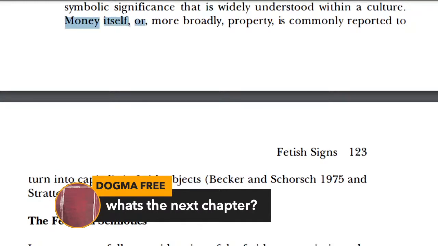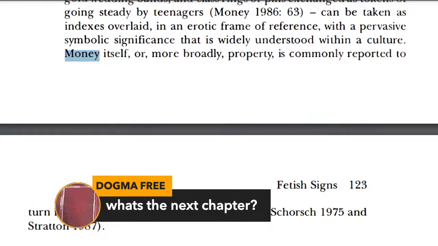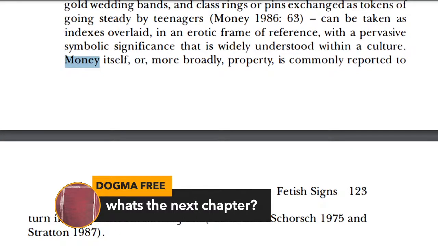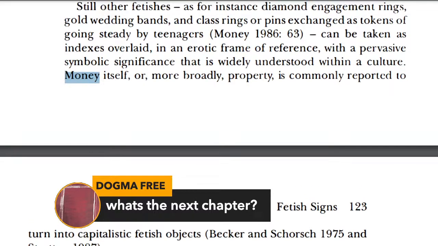Money itself. Oh, money itself. Now, we're not talking about the author Money. We're talking about money. Okay, so this looks really readable. Still, other fetishes, as for instance diamond engagement rings, gold wedding bands, and class rings or pins exchanged as tokens of going steady by teenagers, can be taken as indexes overlaid in an erotic frame of reference with a pervasive symbolic significance that is widely understood within a culture.